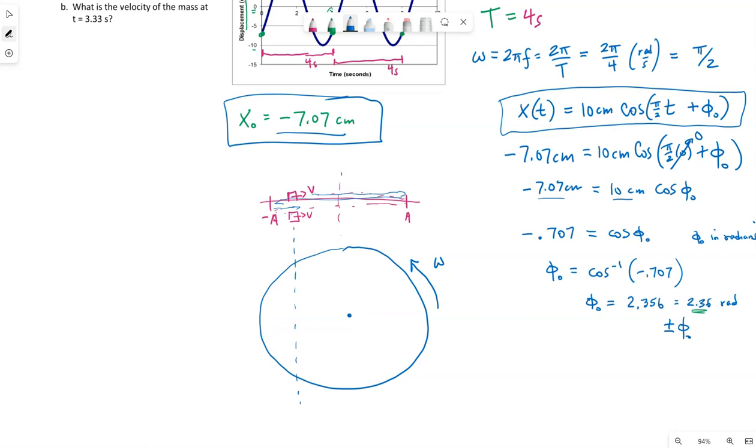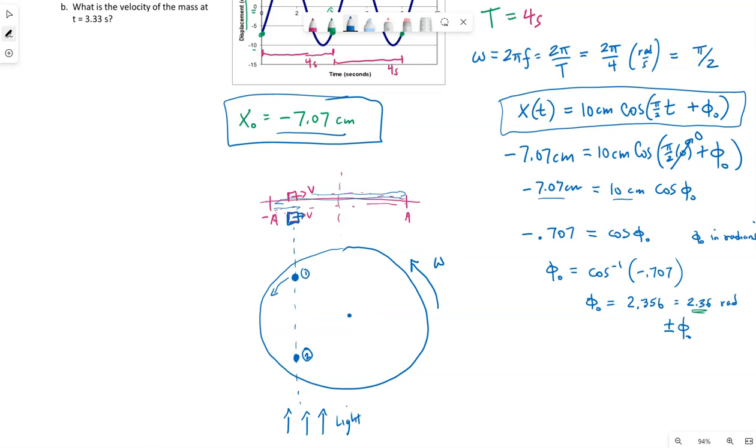Because again, we're talking about as if we were shining light on the peg and seeing a shadow from where the peg was located. So the peg is either up here, option 1, which means it would be rotating this way, counterclockwise, or the peg is down here in order to get a shadow that matches up with where the mass is at time equals 0.